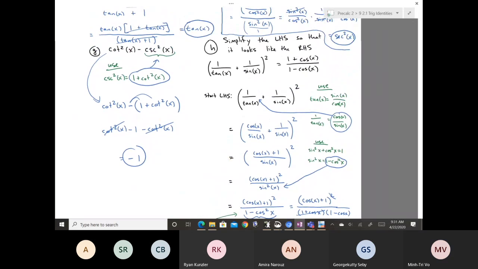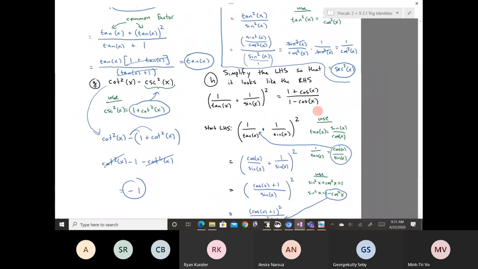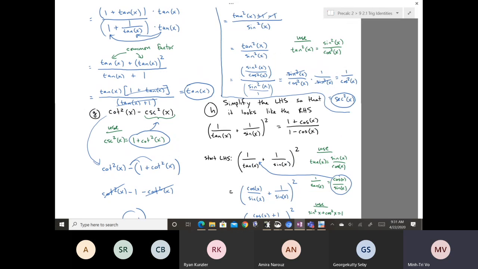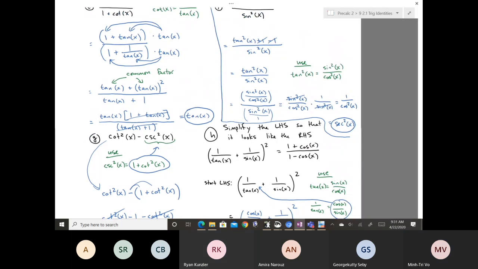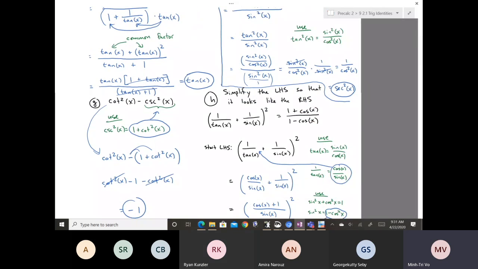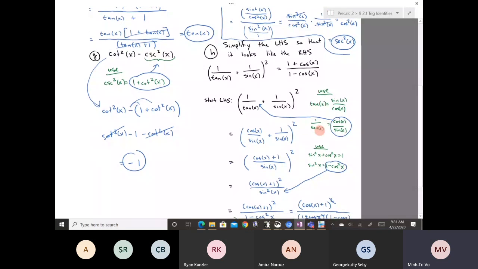Okay, so again, there's no general procedure for these kinds of problems. So I mean, there might be some trial and error involved when you're practicing these kinds of problems.